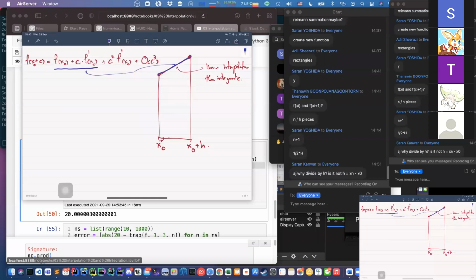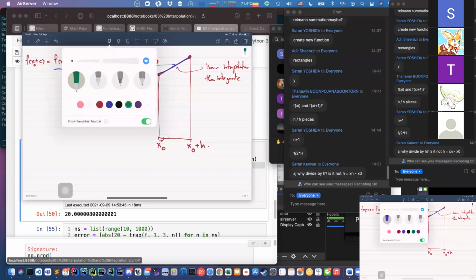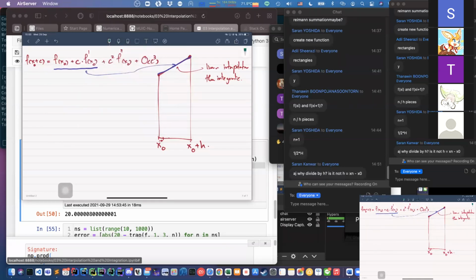And then we integrate. The integral that we want is the integral from c equal to 0 to c equal to h of f of x0 plus c dc. That's the area here, on the left.